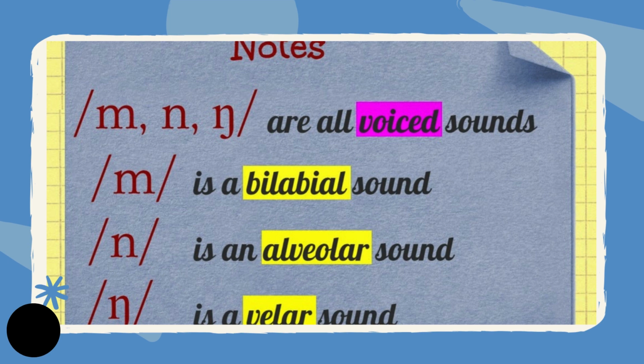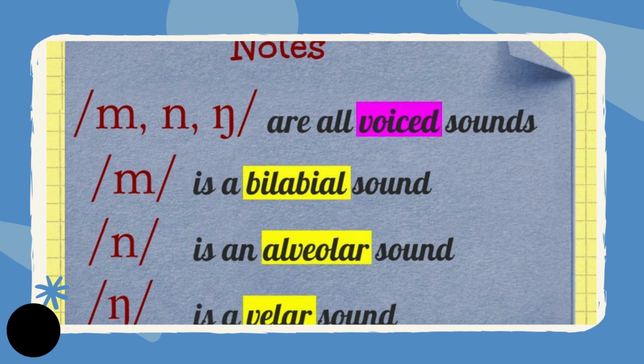The M, N, and ng sounds are voiced sounds. The M is a bilabial sound. The N is an alveolar sound, and the ng sound is a velar sound.